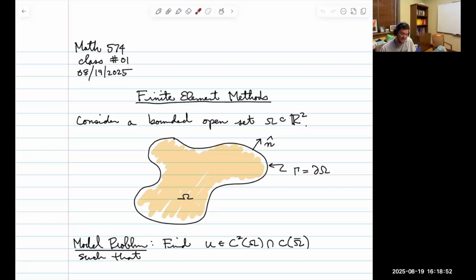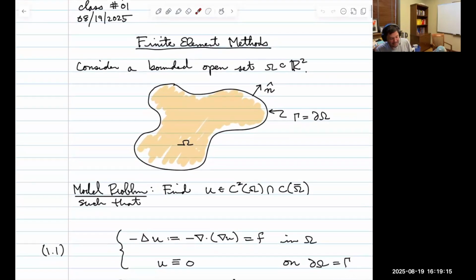Although sometimes that's not a good idea, because I'm using Notability, so I can easily make corrections in real time. So you might want to wait until the corrected notes appear on Canvas. Otherwise, you don't have to take meticulous notes because they will be available to you.